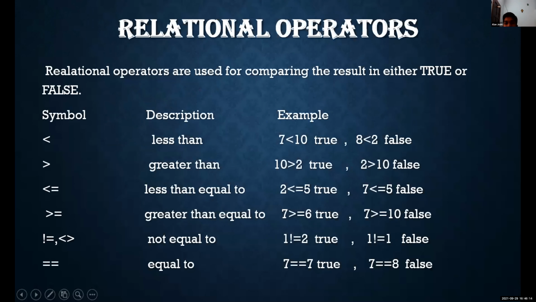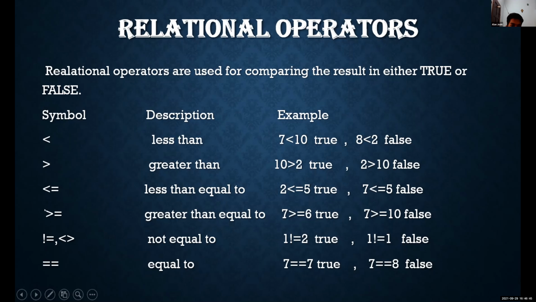The next operator is the relational operator. Relational operators are used for comparing, and the result is either true or false. The first one is the less than symbol. For example, 7 < 10 is true, and 8 < 2 is false. The next symbol is greater than. 10 > 2 is true, and 2 > 10 is false.